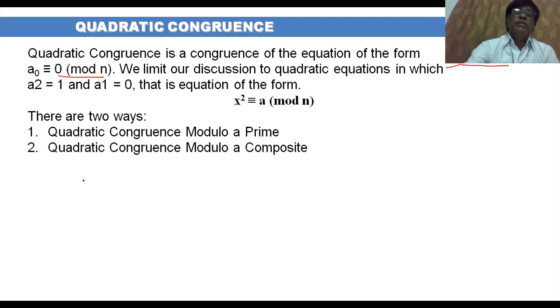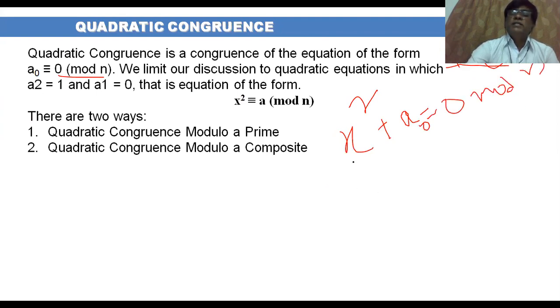Actually, in this equation, we will limit our discussion. Assume a2 equal to 1 and a1 equal to 0. Then this can be written as x square plus a0 is equal to 0 mod n.